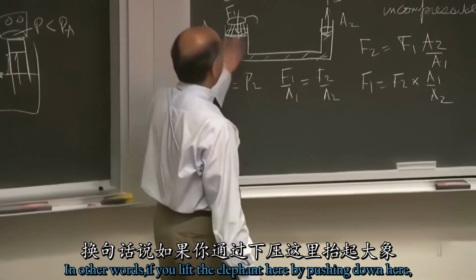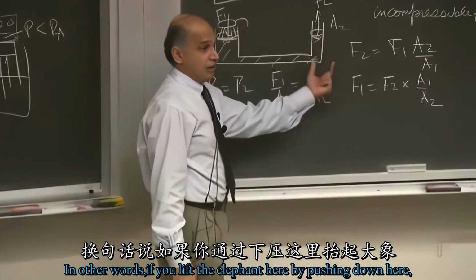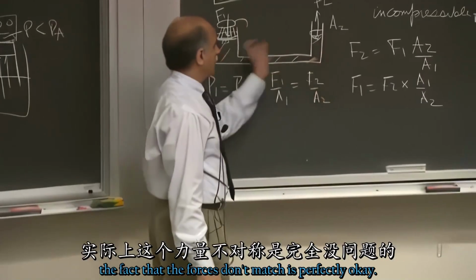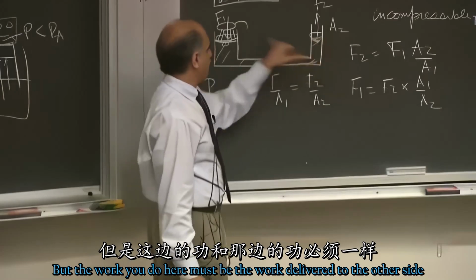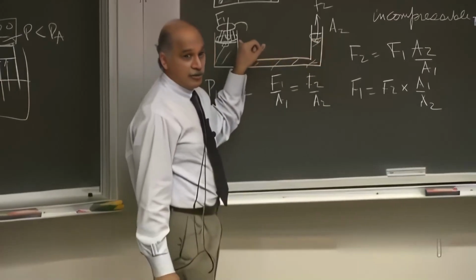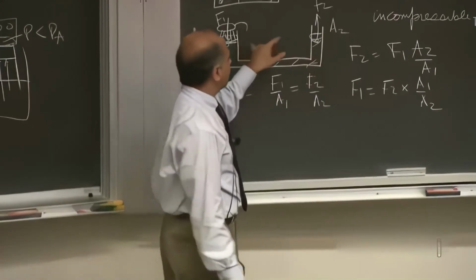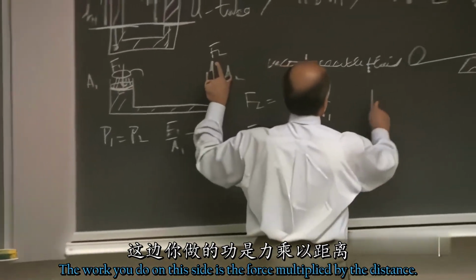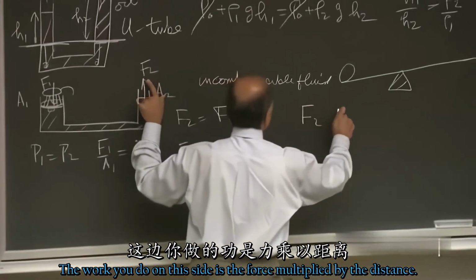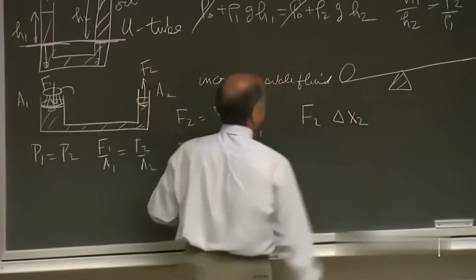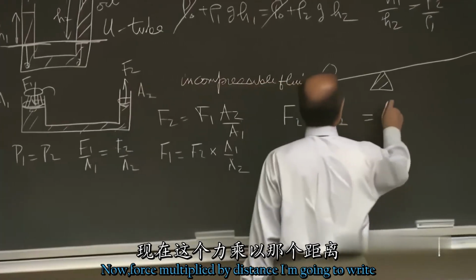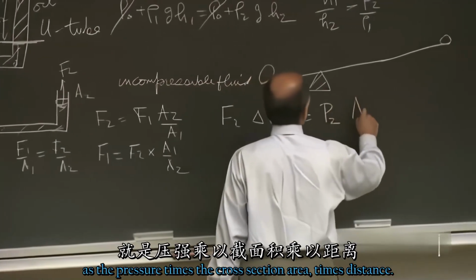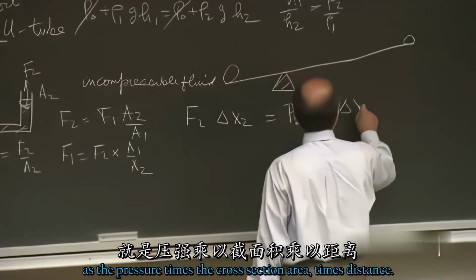In other words, if you lift the elephant here by pushing down here, the fact that the forces don't match is perfectly okay. But the work you do here must be the work delivered at the other side, the law of conservation of energy. The work you do on this side is the force multiplied by the distance. Now, force multiplied by distance, I'm going to write as the pressure times the cross-section area times distance.